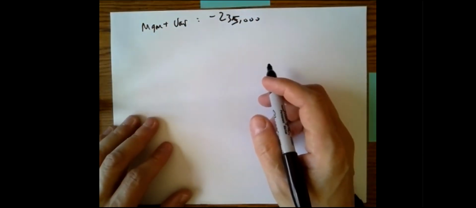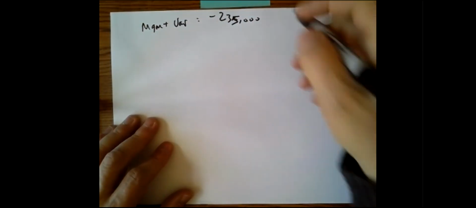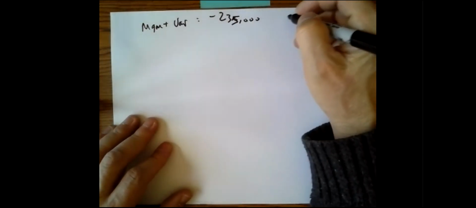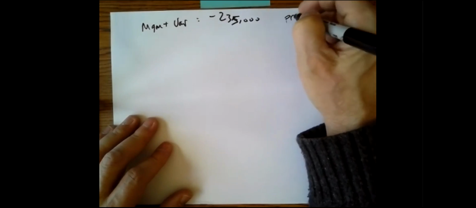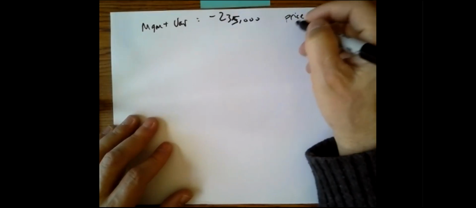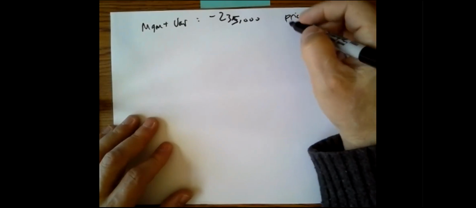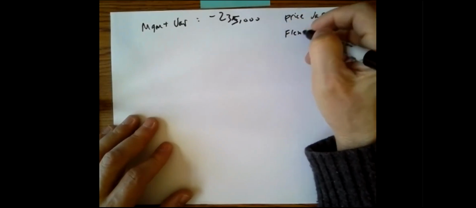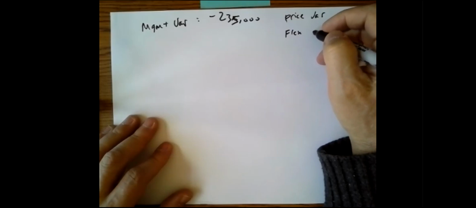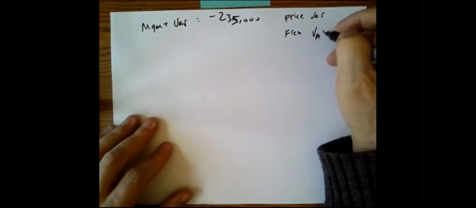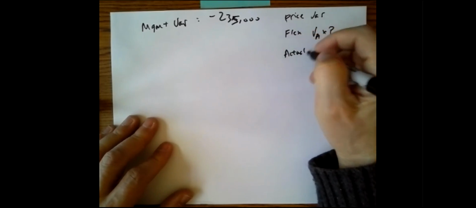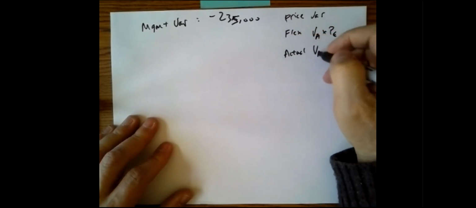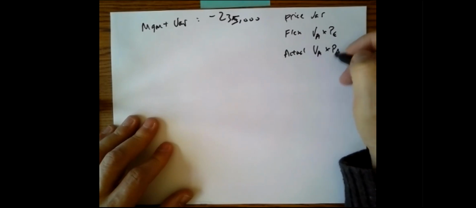Let's remember, management variance is really price variance. And so the two columns that we're going to work with are flex, because that is actual volume times expected price, and actual, which is actual volume times actual price, right?